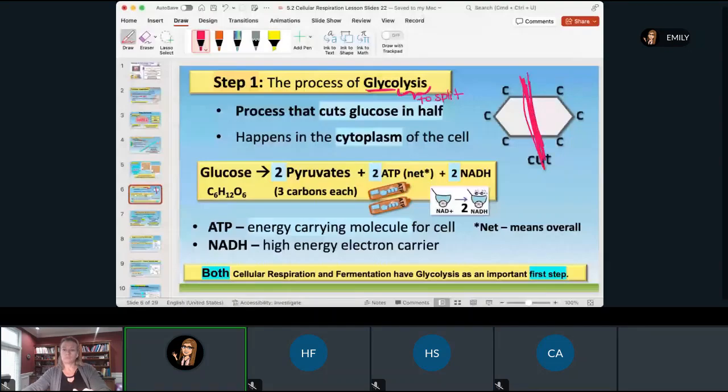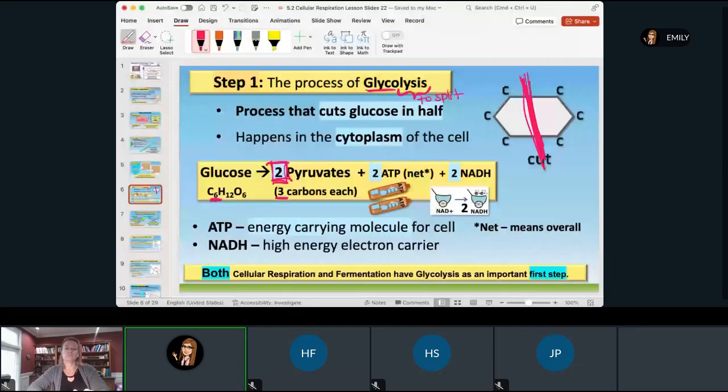So we're going to go from a 6 carbon sugar to 2 3 carbon molecules. We're taking this glucose that has 6 carbons and we're making 2 different molecules we call pyruvates. It's just breaking this in half and then we have 2 pyruvates.